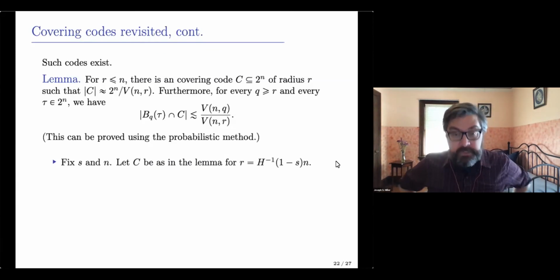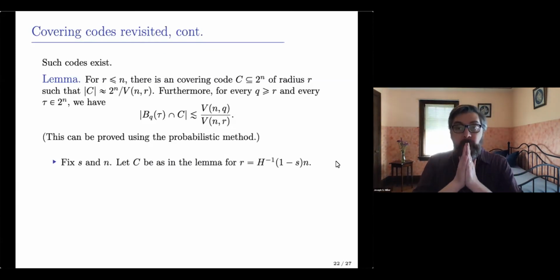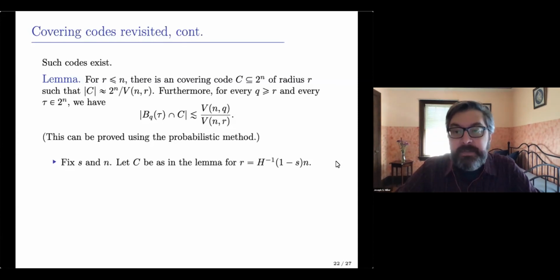Okay, so now what I want to claim, and I'm going to build up to that claim, is that if you randomly choose an element of C, then that string is a robust string of the appropriate complexity.